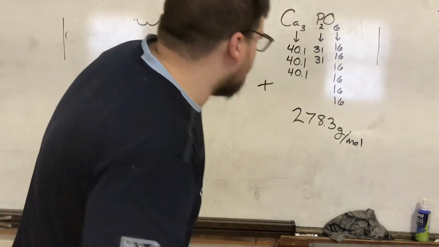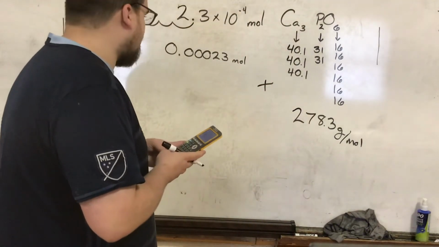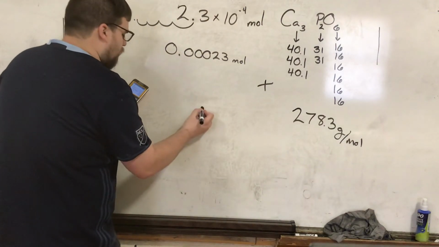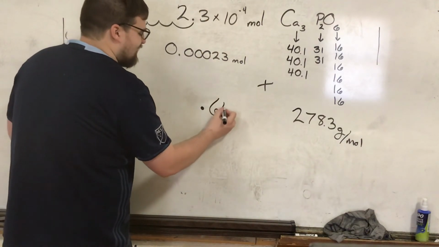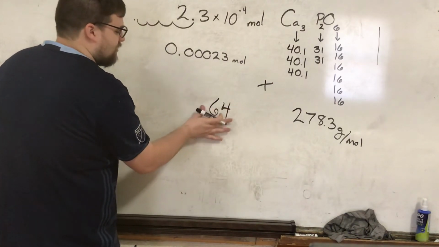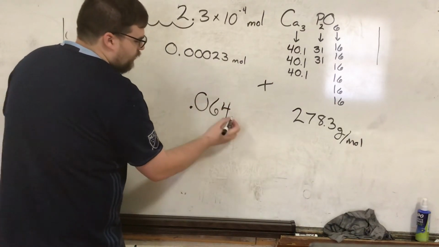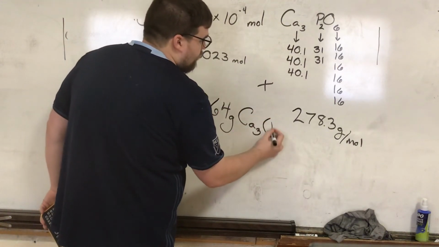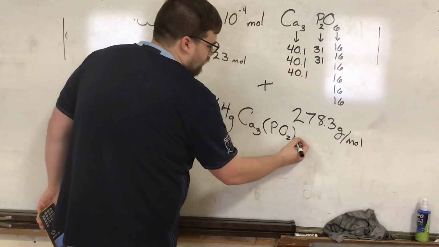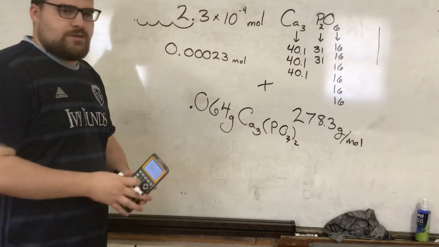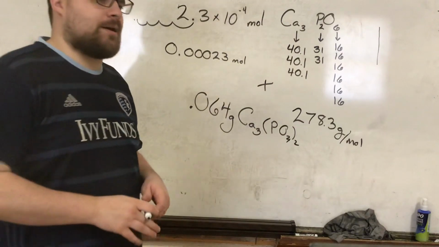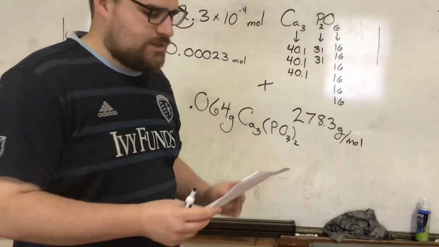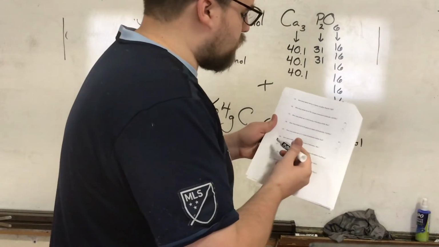So we're going to get this 278.3, multiply that by 0.00023, and we get that in total, we have 0.64 grams of this molecule, this compound.